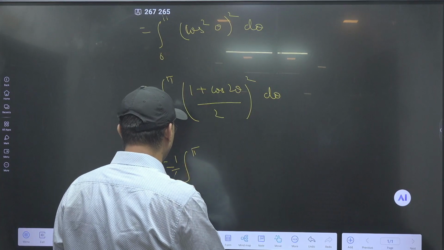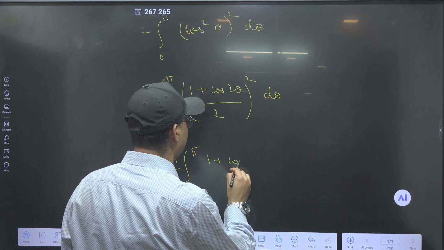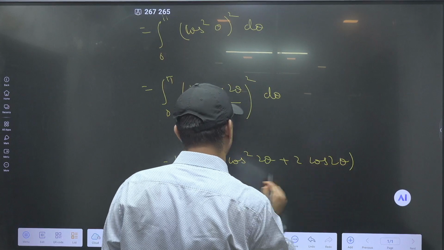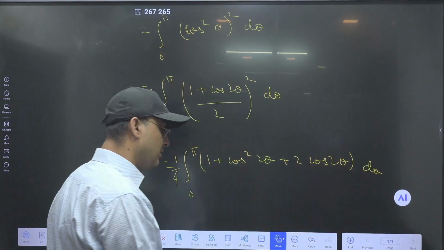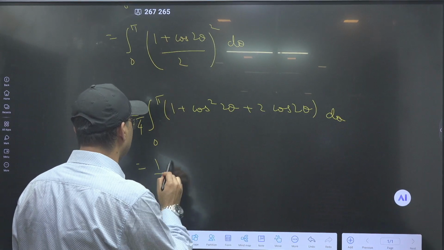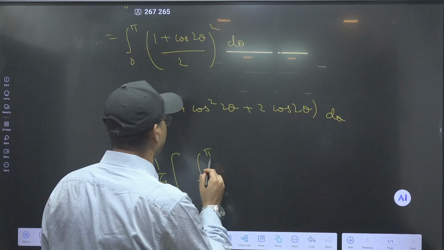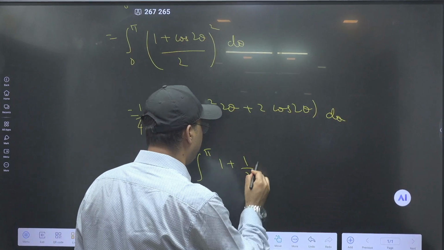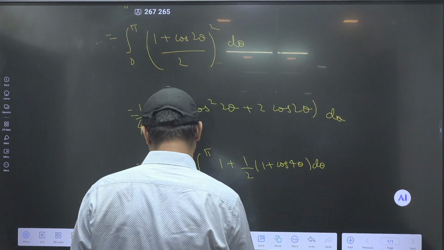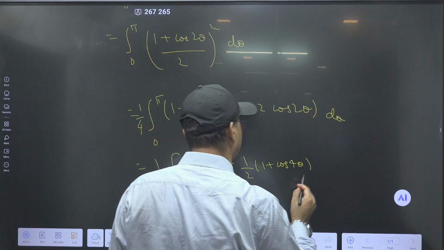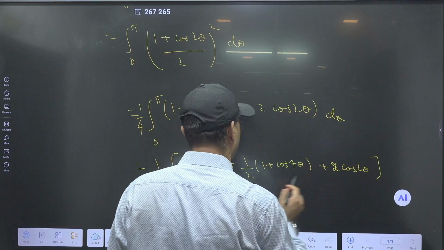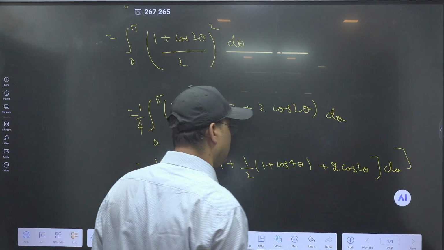This is 1 by 4 could be written outside, 1 plus cos square 2 theta plus 2 cos 2 theta d theta, right? Okay, is it fine? And I will further use my formula 0 to pi. Now in place of this, I can write half of 1 plus cos 4 theta d theta. I write this d theta at the last, plus 2 times cos 2 theta d theta. So I close it.